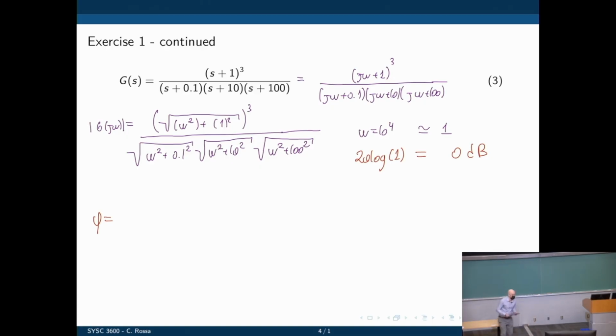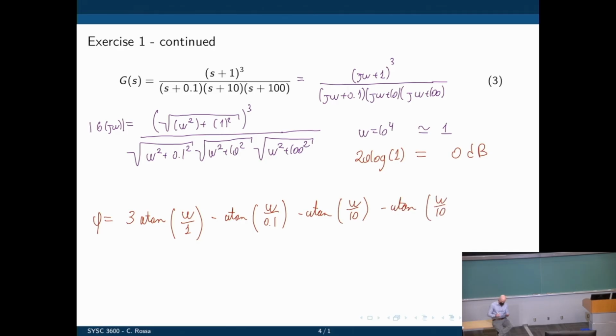What does that give us here? 3 times the inverse tangent of omega divided by 1, because you have 3 zeros at that frequency, minus the inverse tangent of all poles now: omega divided by 0.1, omega divided by 10, and omega divided by 100. If you do omega equals 10 to the power of 4, we should see something around 0.6 degrees, which is close enough to 0.